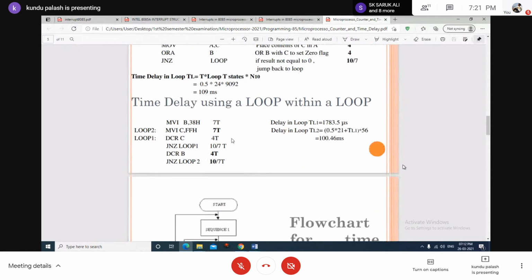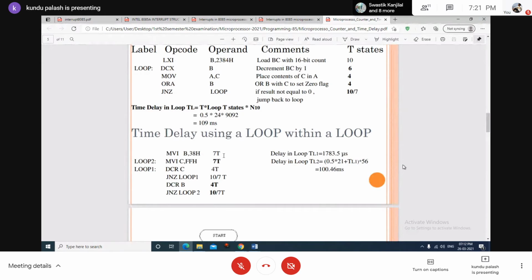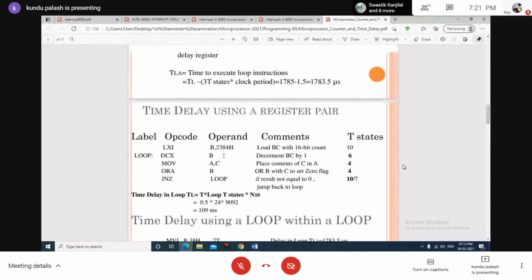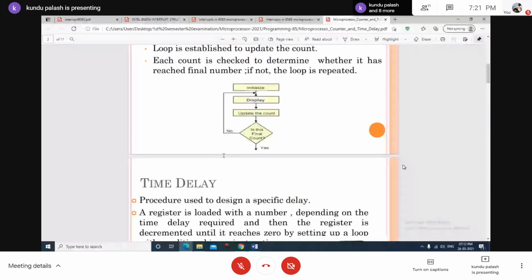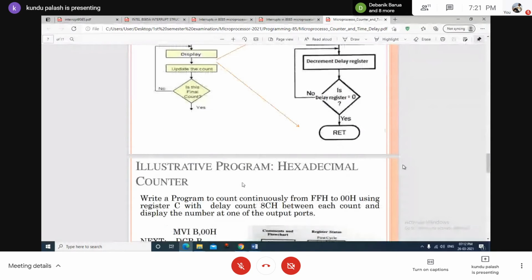Within the loop, we can use the BC register, as well as another byte register within the nesting operation. So that way we can generate the time delay in milliseconds or in seconds. And that is the flow chart of how we generate the time delay.